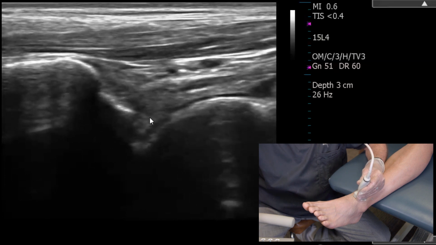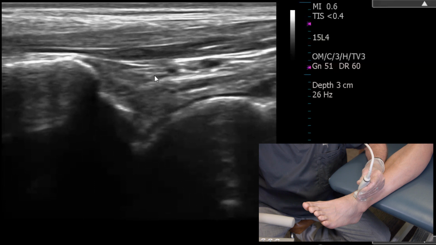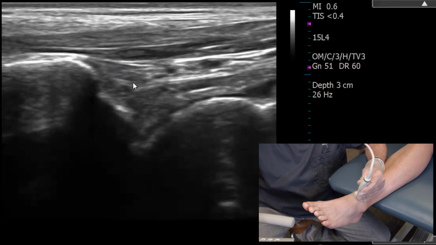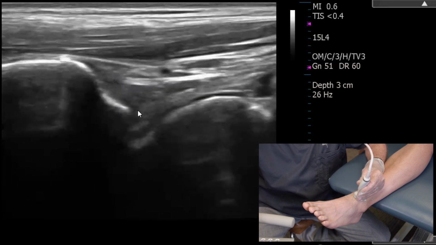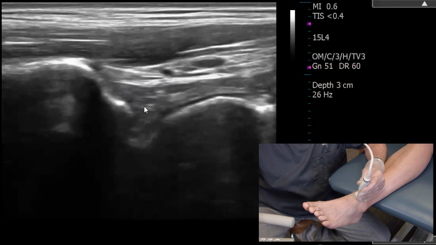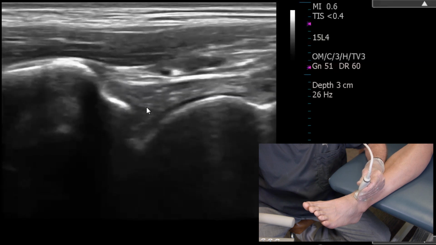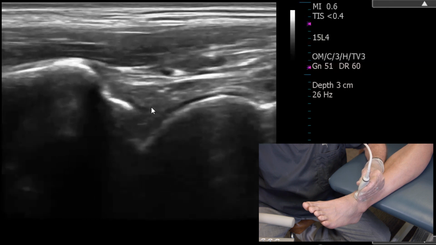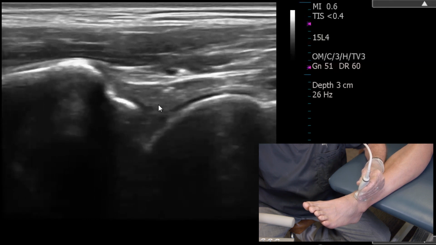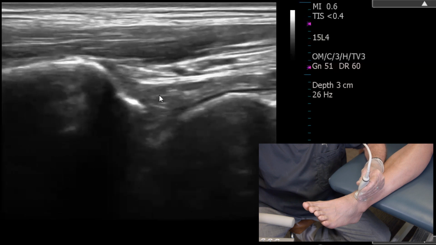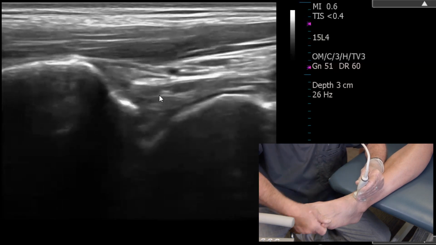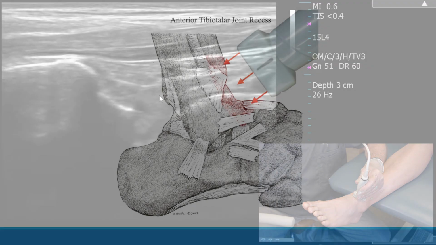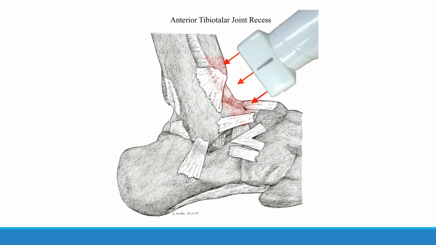From there, we'll look at this area above, just superficial to the joint, which is the fat pad, and just below in here is part of the synovium within the ankle joint. And notice by my toggling back and forth, these structures come in pretty well, again being at the position of the extensor digitorum tendons.